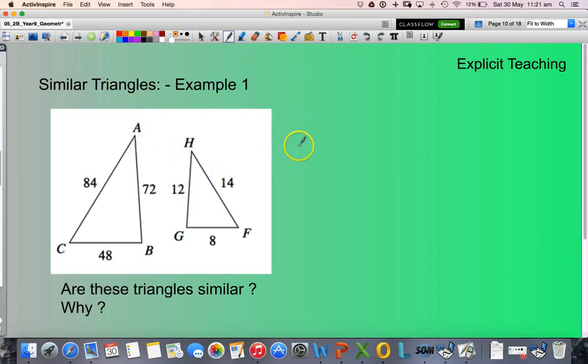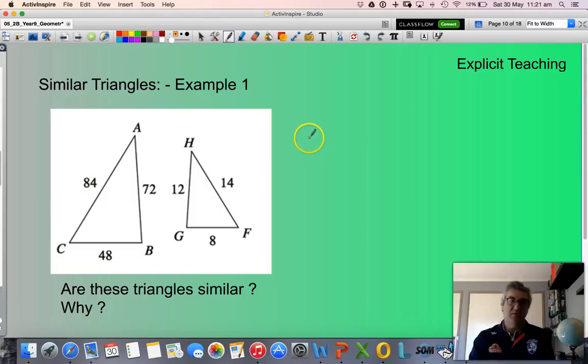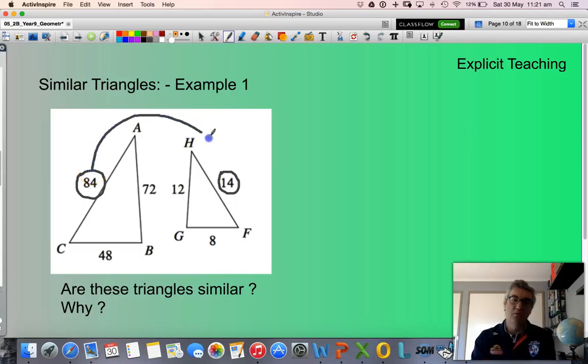Now let's just look at a couple of examples here. What I need to do here is try and identify my matching sides. So what I like to do is work with the biggest side length first. 84 and 14. What is that ratio?